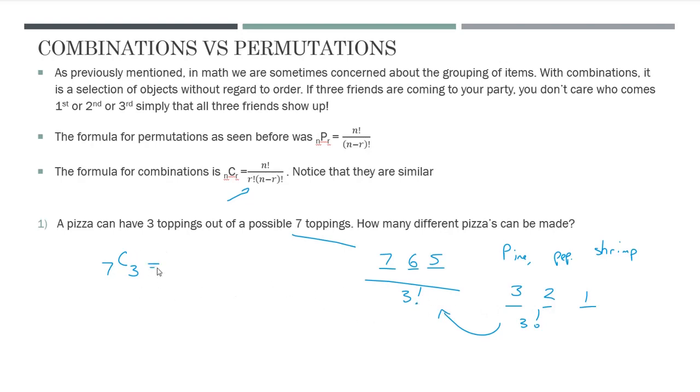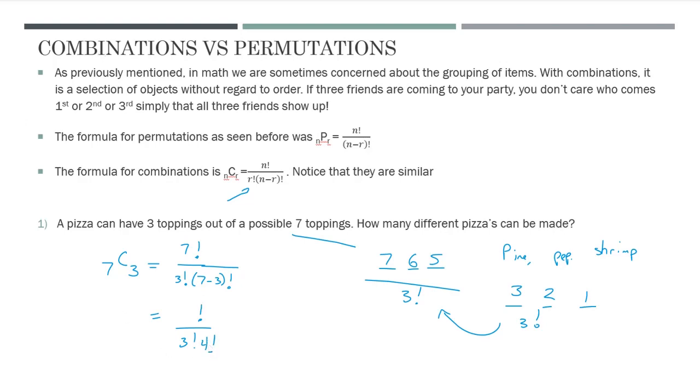If we look at our combination equation then, you end up with 7 factorial all over 3 factorial, since we're choosing 3, and then n minus r, so 7 minus 3 factorial. I'm going to simplify the denominator first: 7 minus 3 is 4 factorial.